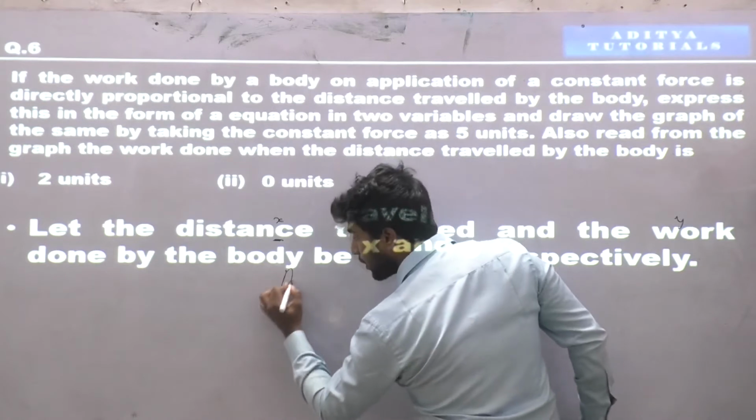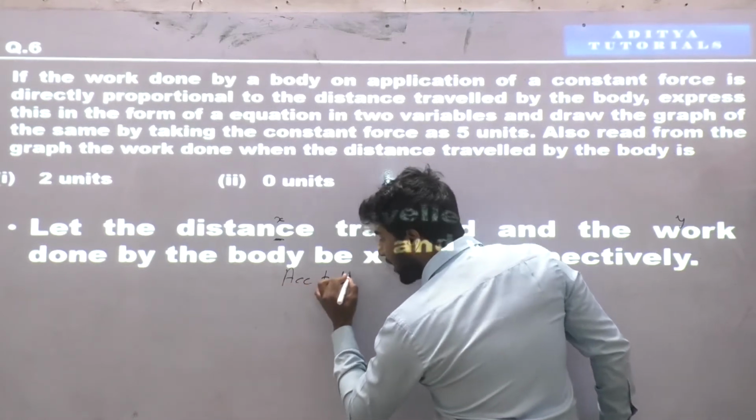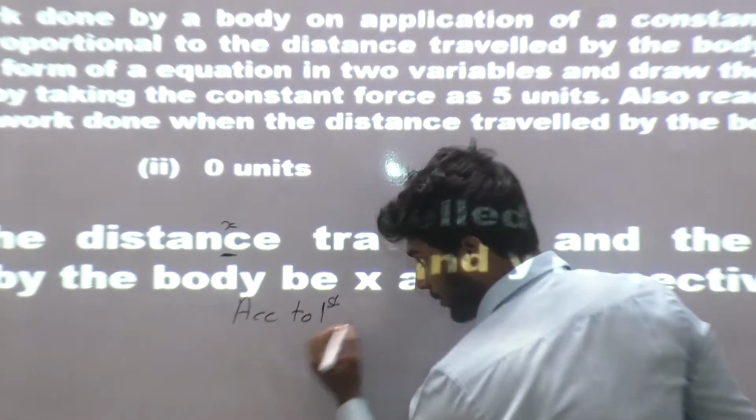According to the first condition, क्या बोल रहा है वो मैं आपको बताता हूं.